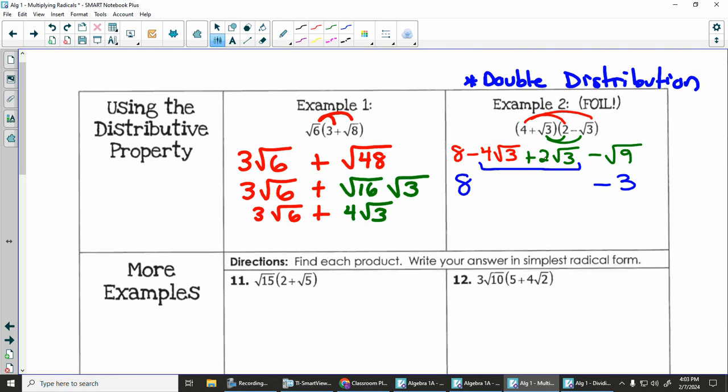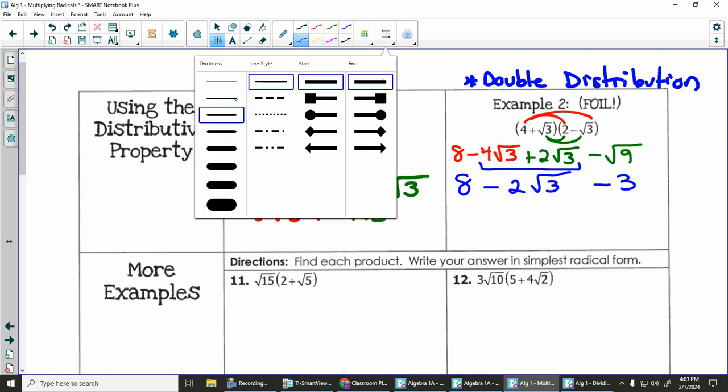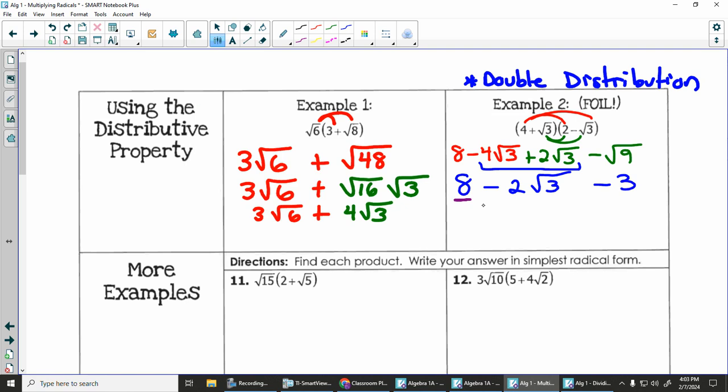So I am going to keep that like radical of square root of 3, and negative 4 plus 2 will be negative 2. Now I'm almost there. My radicals are cleaned up, but I do have a constant here and here. Those can get combined. 8 minus 3 is going to give us 5, so this will be 5 minus 2 radical 3.